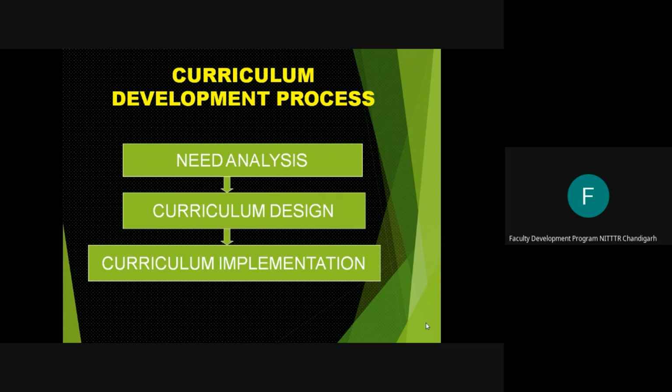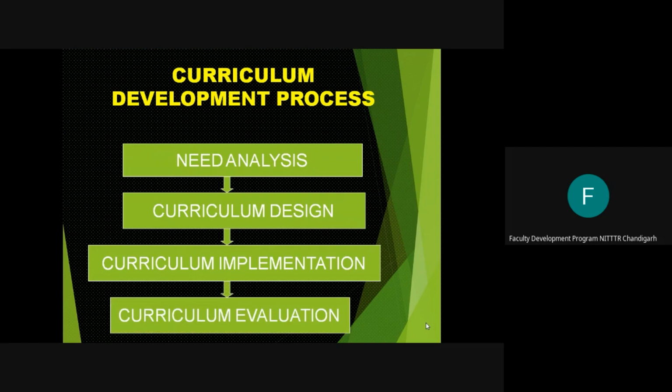So this is the third stage, and then the final stage is called the curriculum evaluation stage. So what was curriculum evaluation? What I told you, that if there is a gap between design and implementation, if there are certain deficiencies because of resources, because of human resources, or physical resources, the equipment is not there, software is not there, then we evaluate what is the problem area, where there is a scope to bridge that gap.